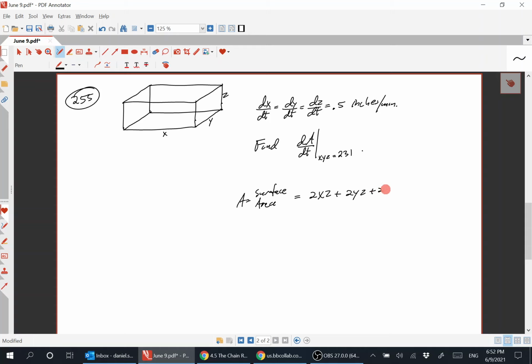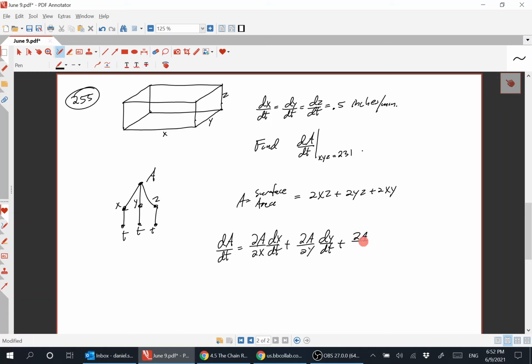So again, you've got the area as a function of x, y, and z, and x, y, and z are all functions of t. So dA/dt in general is equal to partial A partial x dx/dt plus partial A partial y dy/dt plus partial A partial z dz/dt.